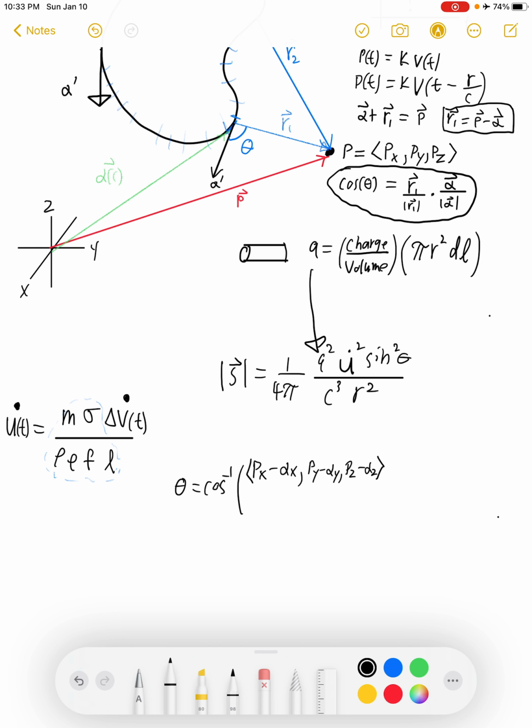You just subtract all the components from each other. Divide by the norm. What's the norm? By the Pythagorean theorem, the norm is the length, which is just the square root of the sum of the squares.